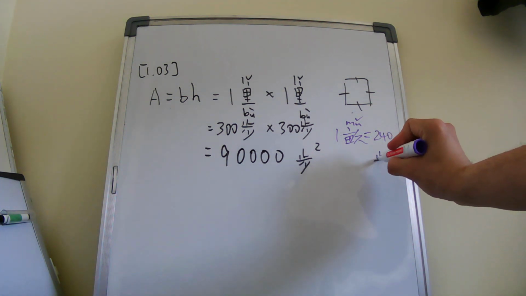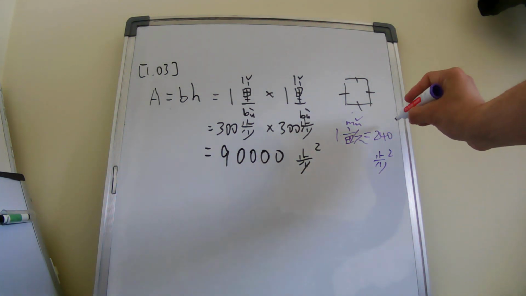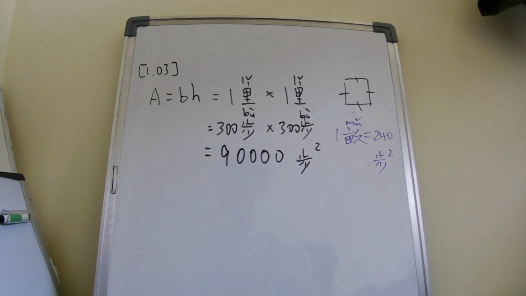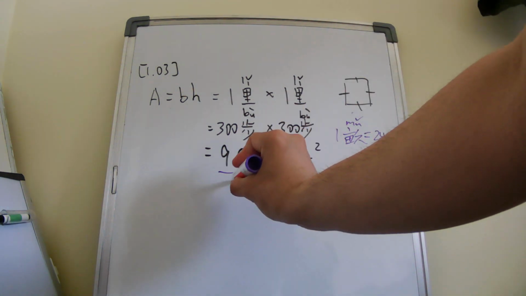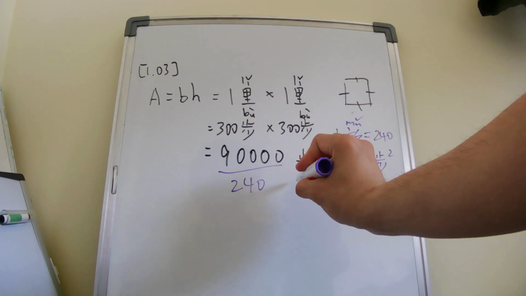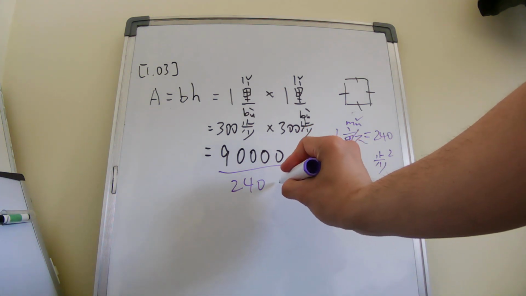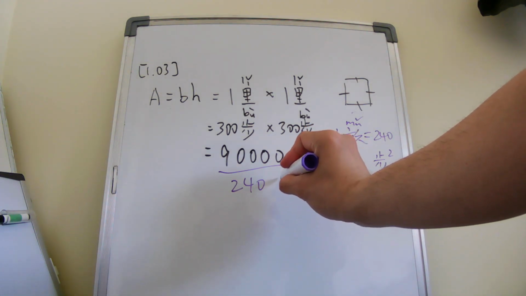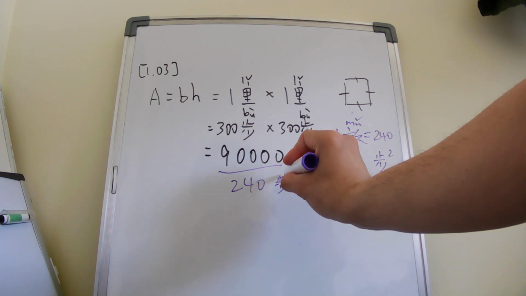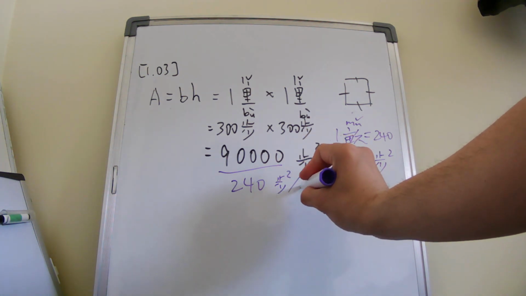Now it's technically bu squared, so I'm going to write that down here. So we're going to divide this by 240, and today we'll write this as bu squared per mu.